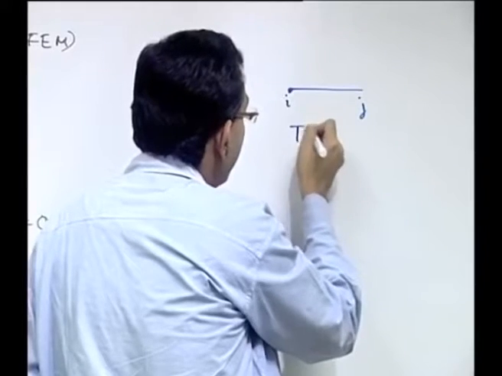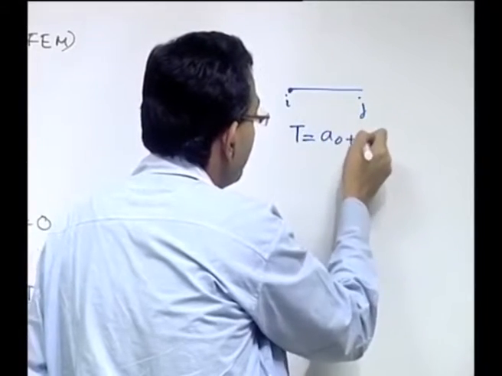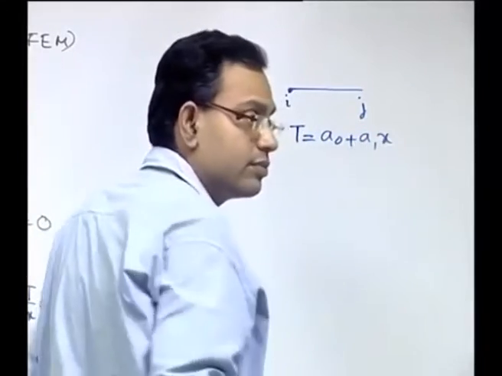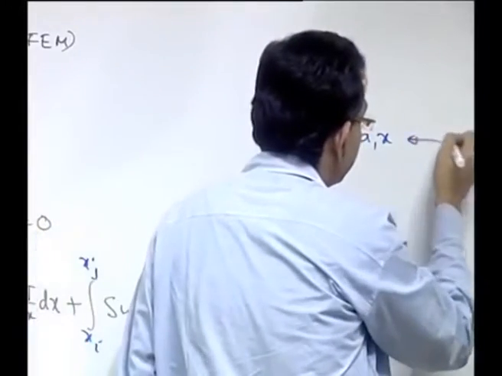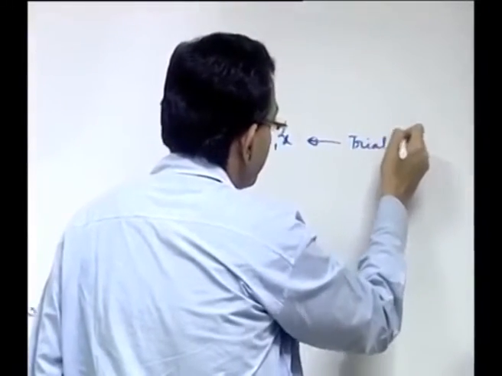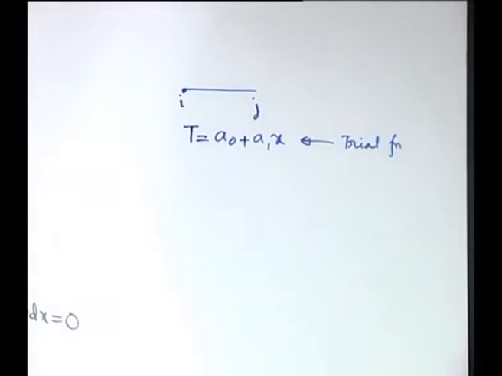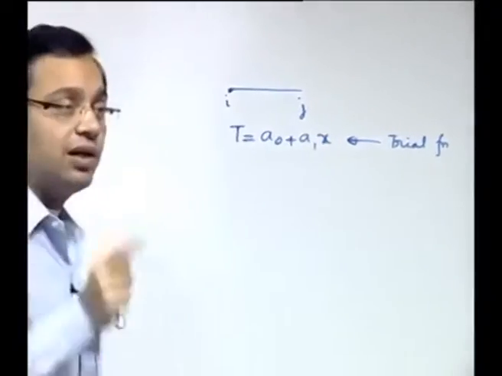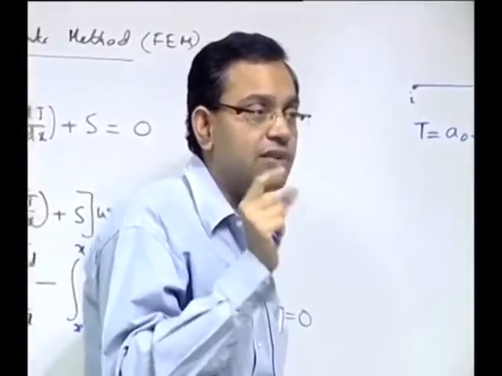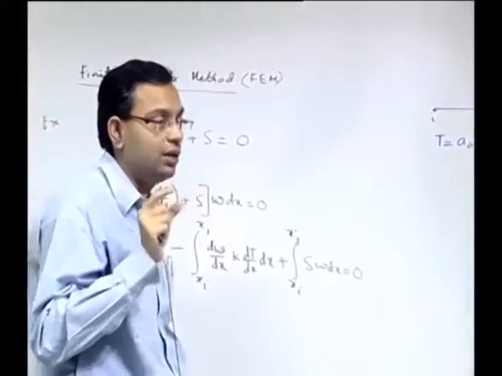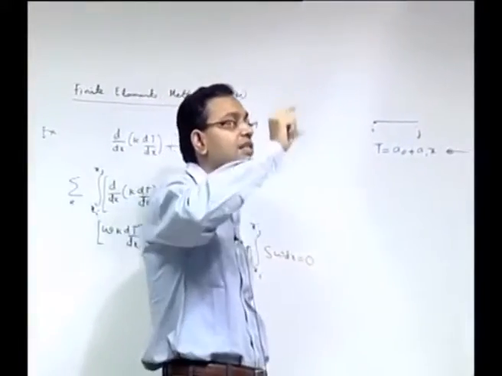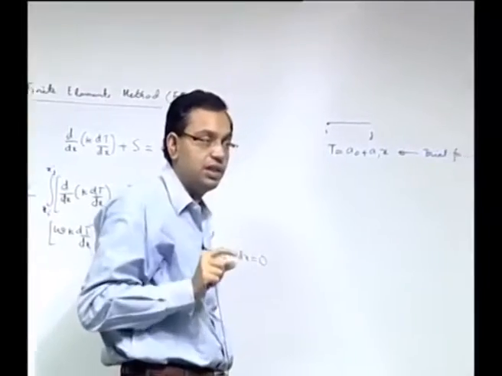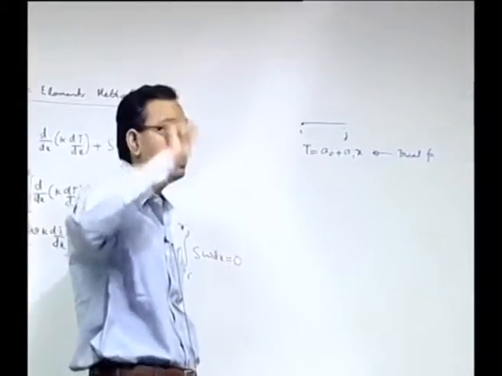So, you can have a trial function T is equal to a0 plus a1x, this is a trial function. Remember, the trial function you are making valid within each element, not a global trial function, but a trial function that is valid over individual elements. So, it is a piecewise linear interpolation that you are considering, so to say, it is not a global single linear interpolation.